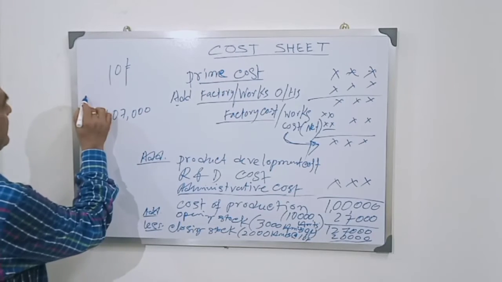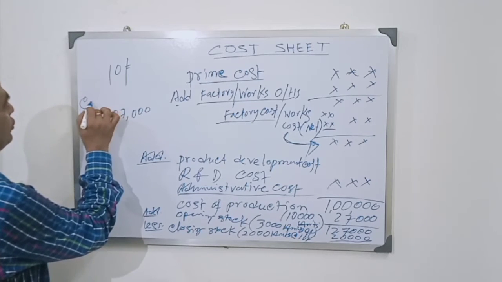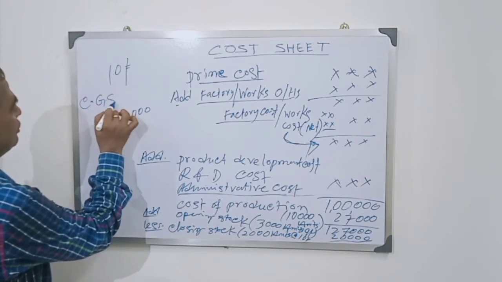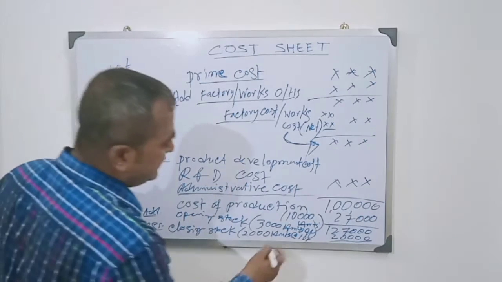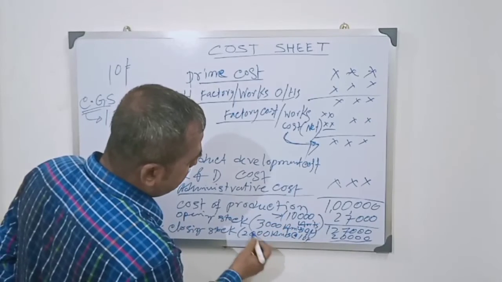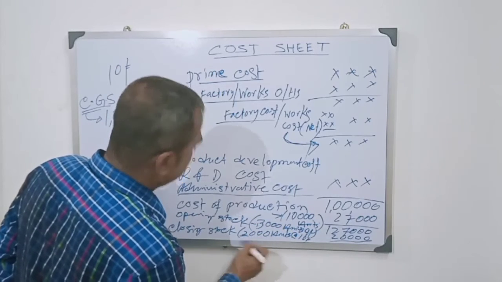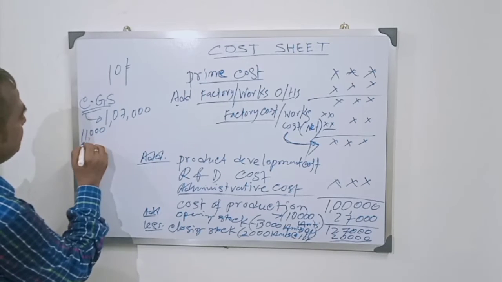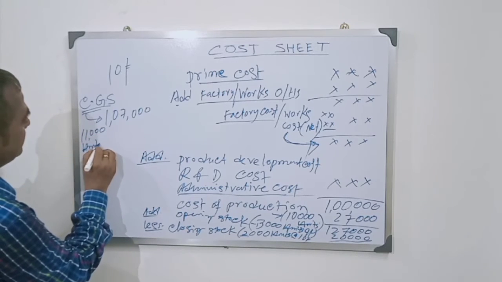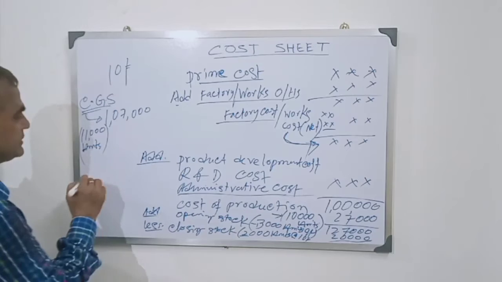This becomes our cost of goods sold, CGS, this value. But how many units are we selling? 10,000 plus 3,000, 13,000 less 2,000. So we are selling 11,000 units. We have to understand these calculations.